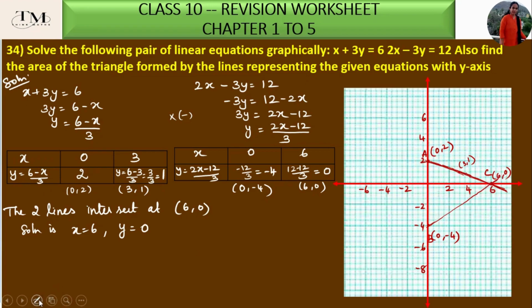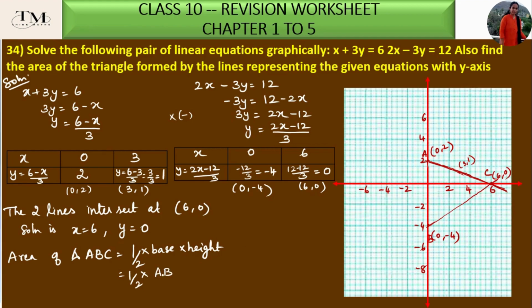So what is the area formula? Area of the triangle ABC is equal to half into base into height. This is the triangle formula. So half into, which is the base? AB is the base.